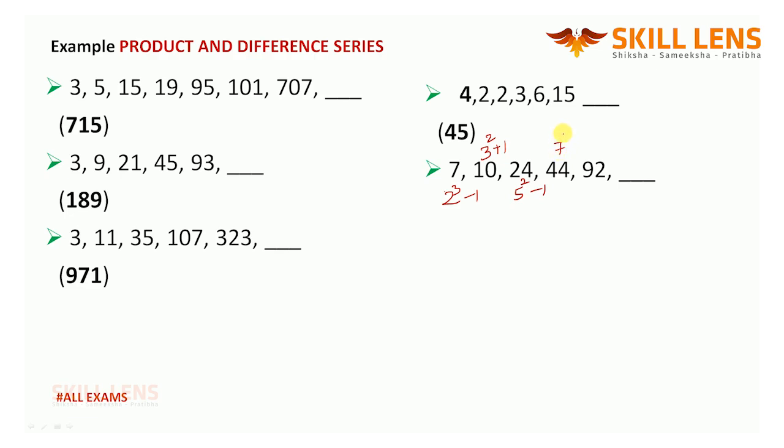So 7 square plus 1. 7 square plus 1 is going to be 49 plus 1. It's going to be 50. So this series is also not giving your answer.